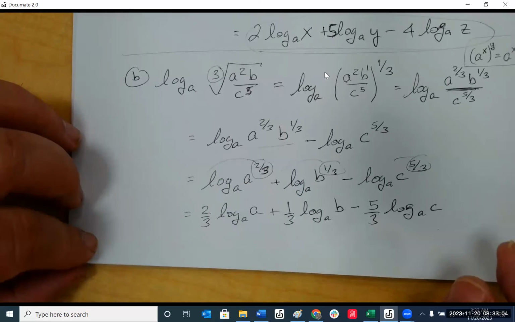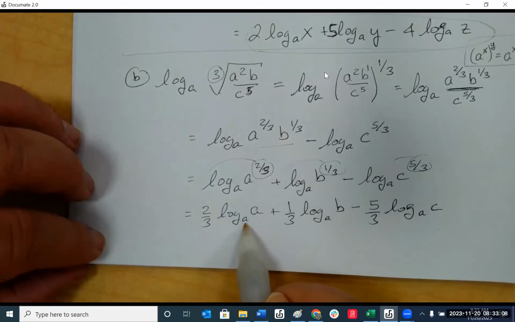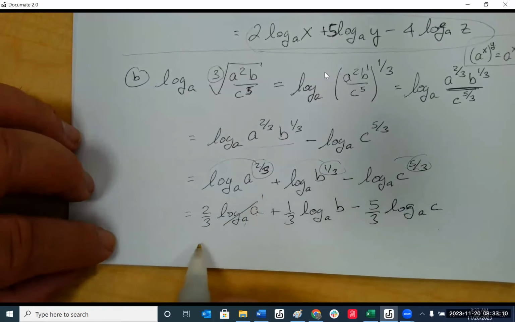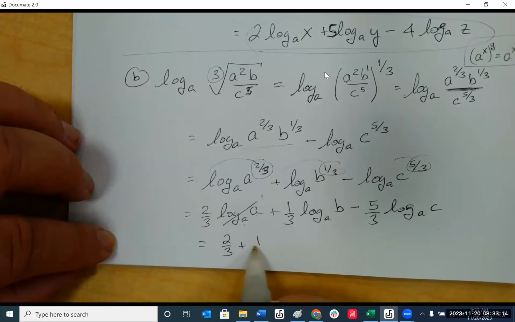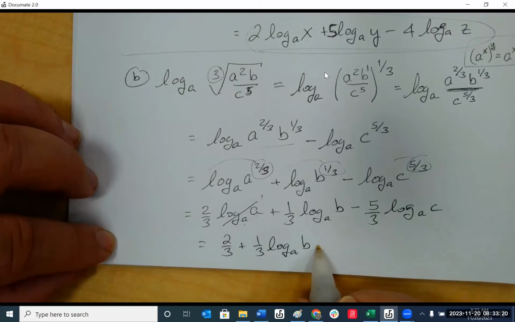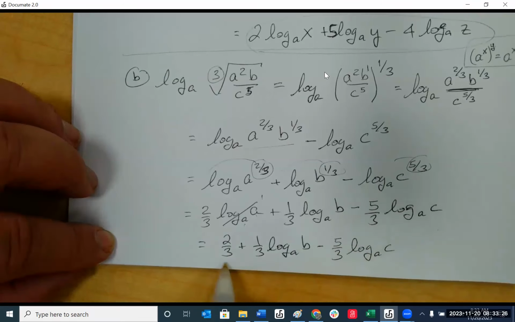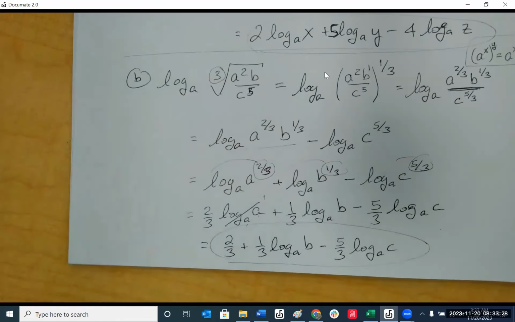Why not? Very good. Log base A of A is 1. So the first one's only 2/3, plus 1/3 log base A of B, minus 5/3 log base A of C. There's your answer. Very good.